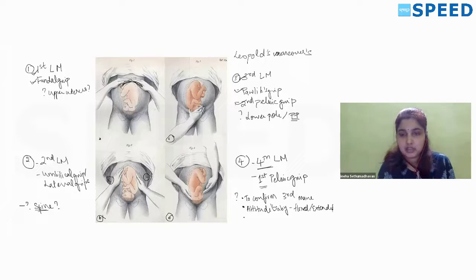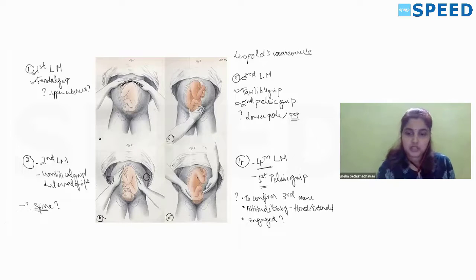Okay. And third is to determine if the presenting part has engaged or not. So these are the three things that you look for in the fourth maneuver, Leopold's maneuver or the first pelvic grip.